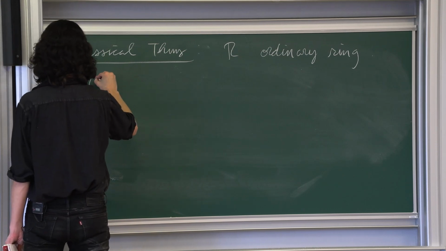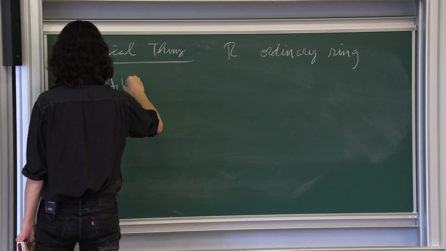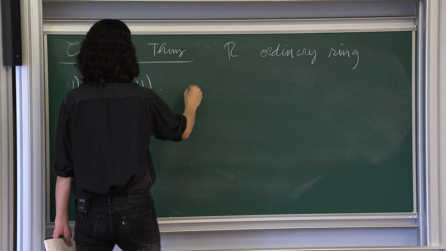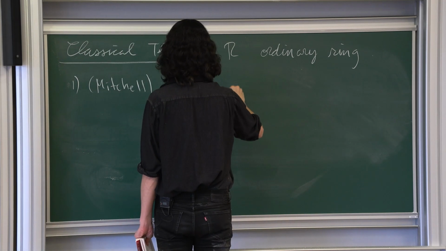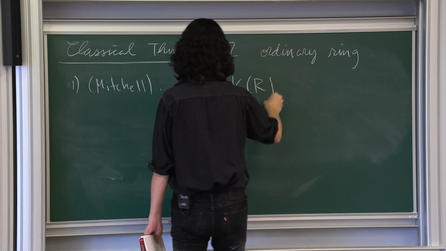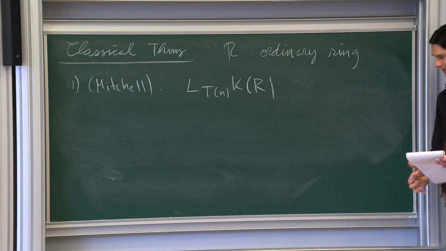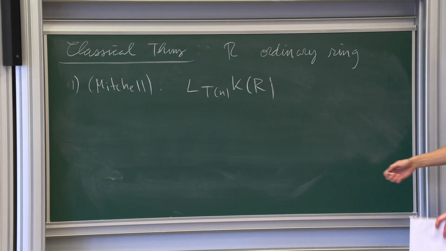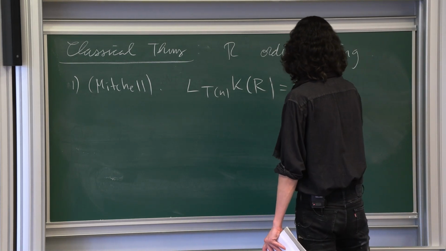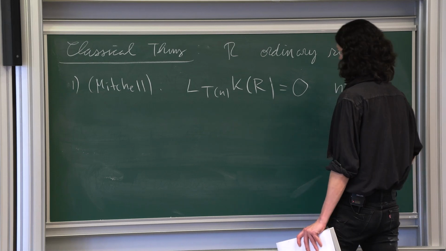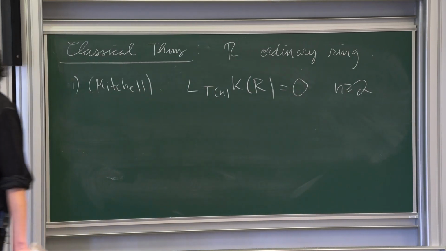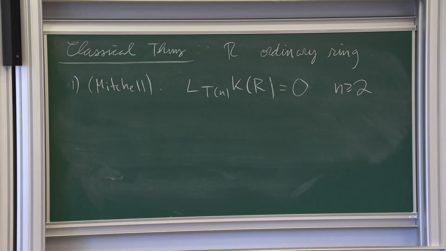So the first is a theorem of Mitchell, Steve Mitchell. It's a spectrum, so we can apply this whole telescopic chromatic machinery to it. And this says that when your height is bigger than 1, you get nothing.